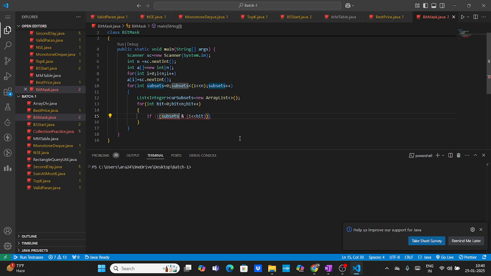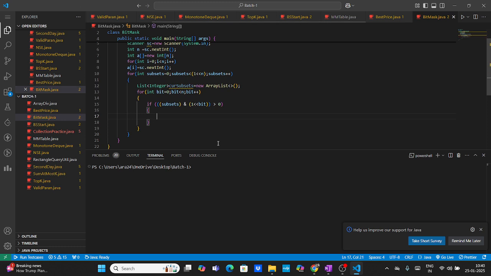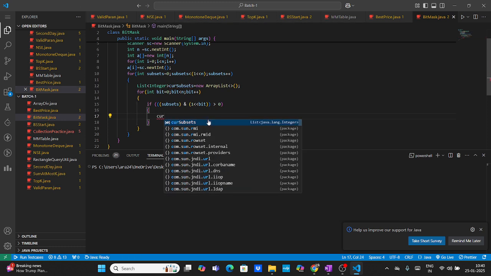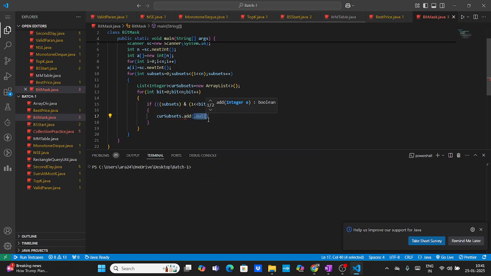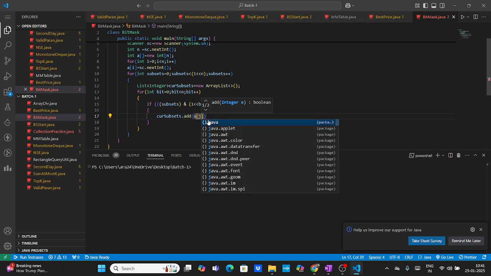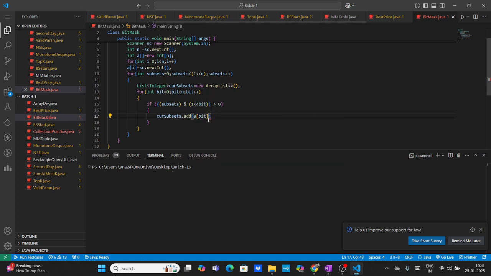We just saw that if we have a number greater than 0, that means that bit is set. That means I can add my current number into the current subsets, right?